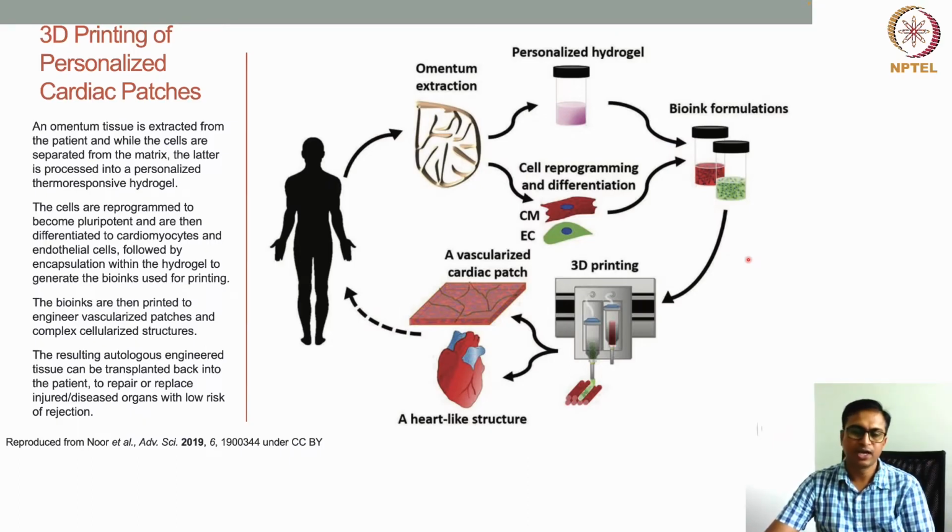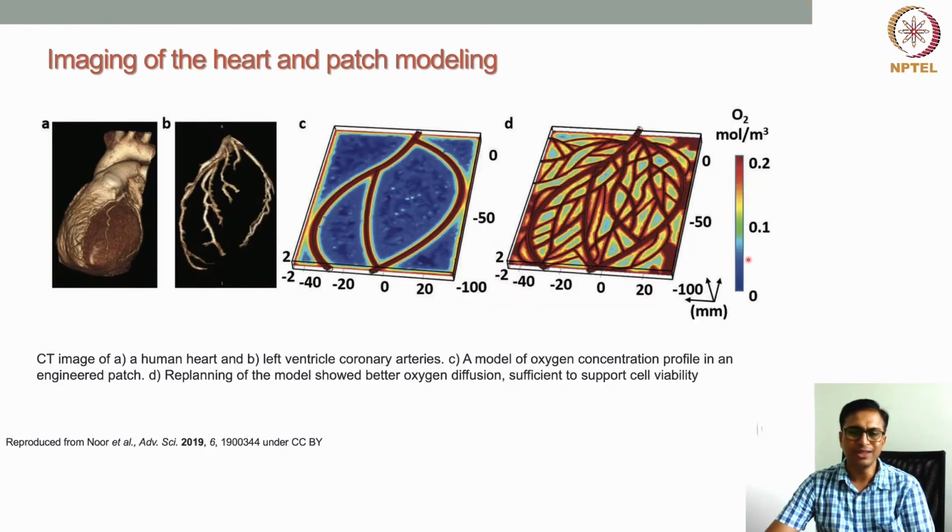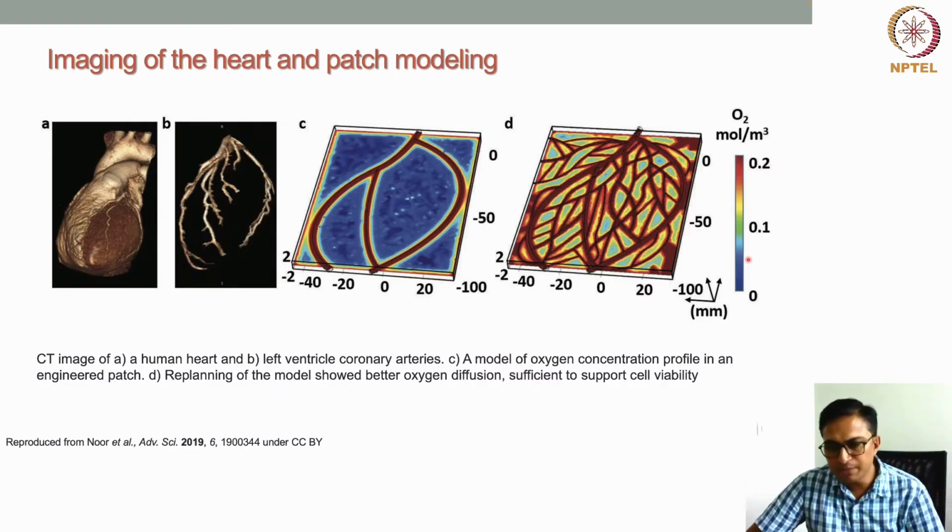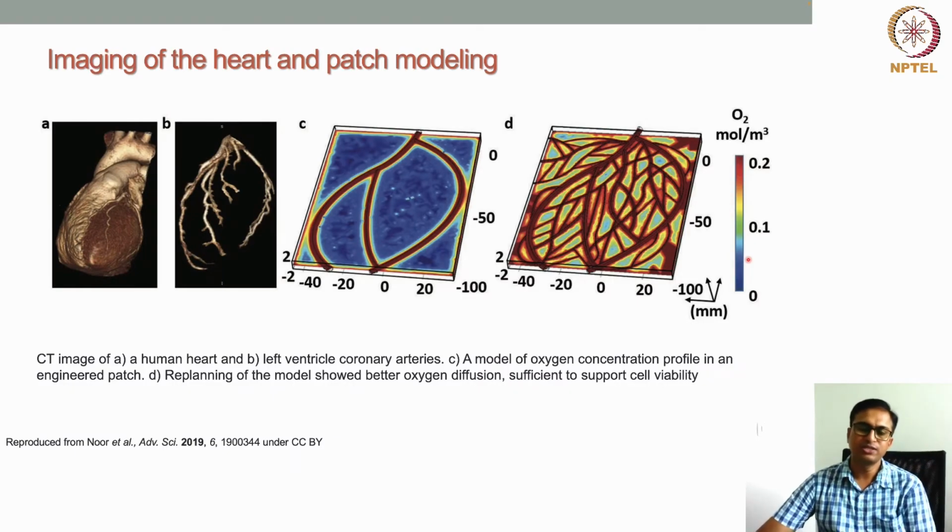Using the 3D bioprinting approach. Now, for generation of these blood vessels within the tissue, they used a CT image of that patient's heart. Suppose the patient undergoes CT scanning, and in this way we can get the slices of the patient's images of this particular tissue.